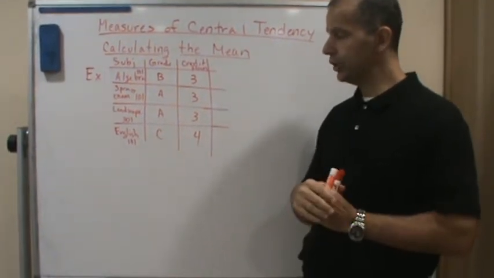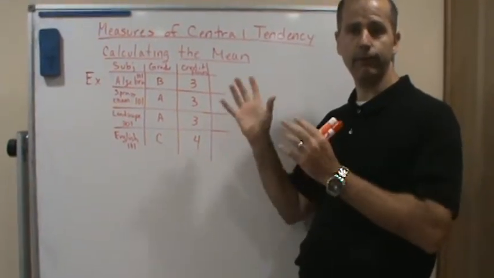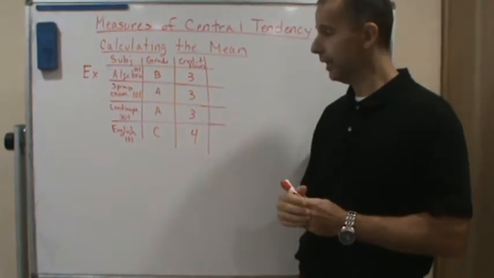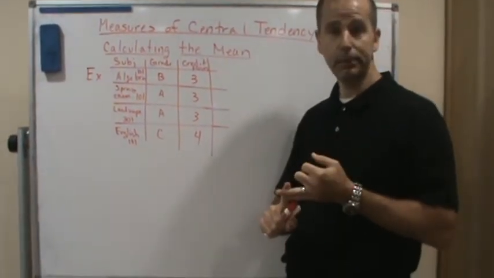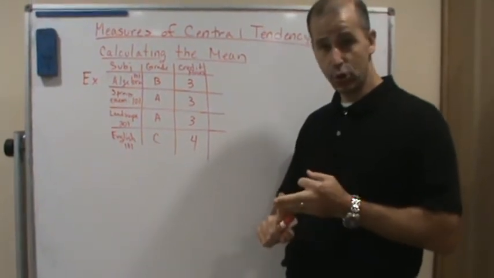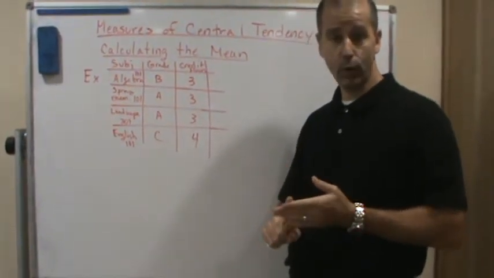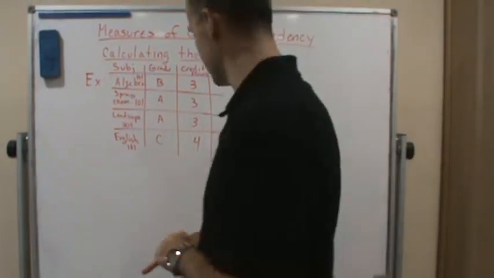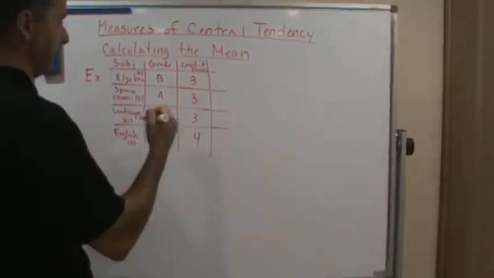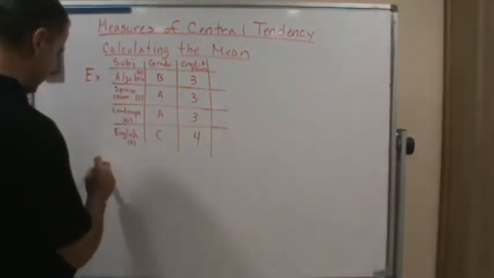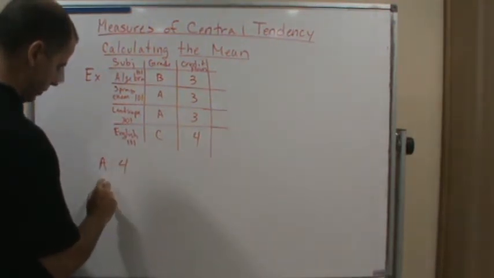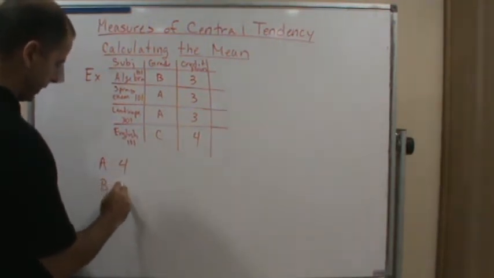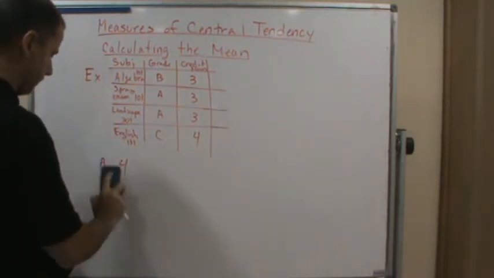Each GPA is based off of a 4-point system. Meaning that A's get 4 points, B's get 3 points, C's get 2 points, D's get 1 point, and F's get 0 points. So that's what we call a 4-point system.